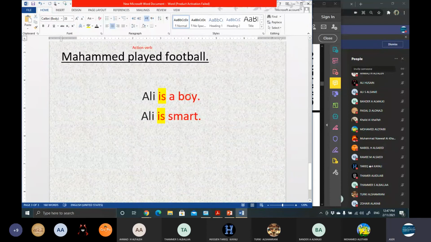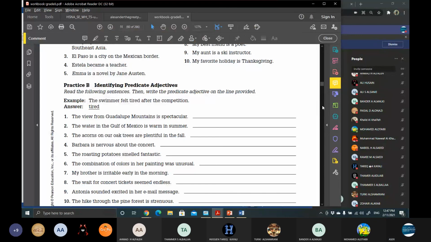At the first place, because you have a noun after the linking verb, it's called the predicate noun. And here, because we have an adjective after the linking verb, it's called the predicate adjective. So a noun after the linking verb gives you the predicate noun. An adjective after the linking verb gives you the predicate adjective. All right.